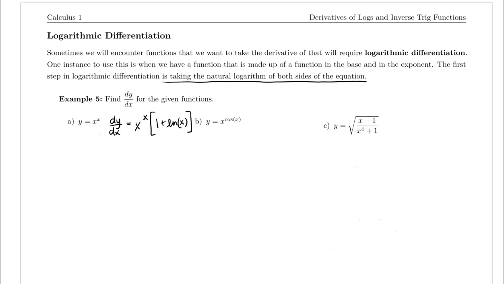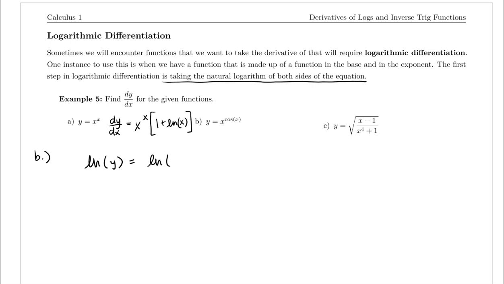All right, moving on to part B. Once again, I need to use logarithmic differentiation because both the base and the exponent are functions, and I cannot use the regular power rule for derivatives on that. So let's start off by taking the natural log of both sides.